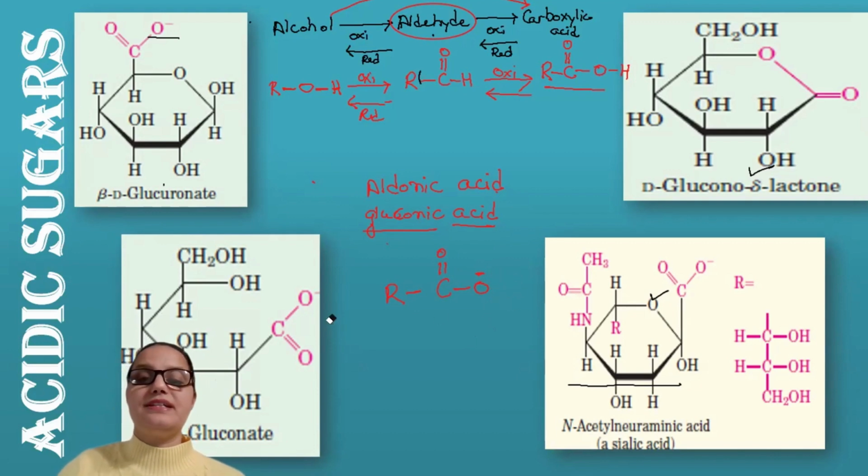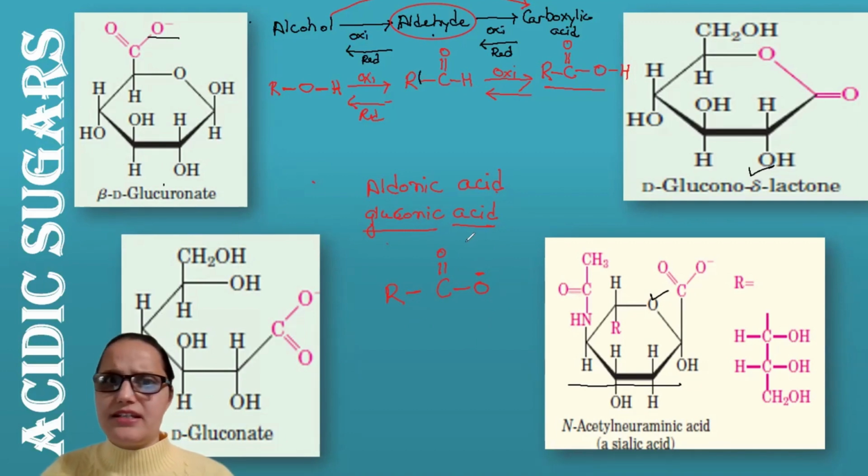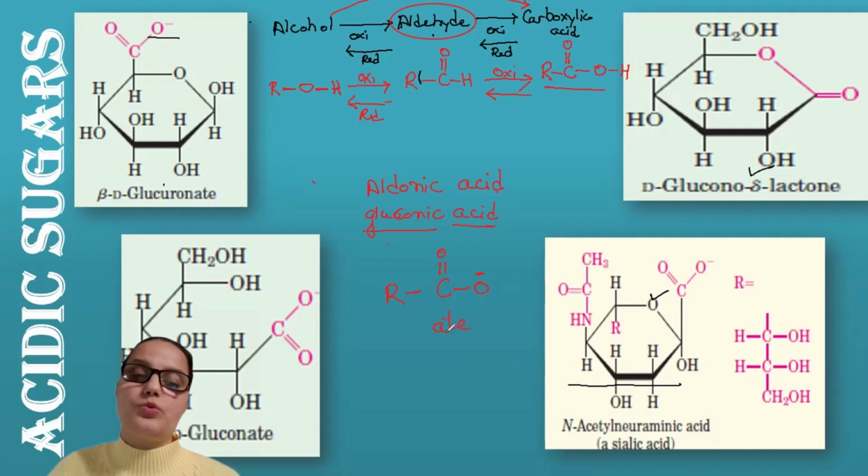Although the nature is acidic only, the name ends with this word ate. So gluconic acid can be called gluconate, and it is a reversible process. Once the pH goes down, it can become gluconic acid again, right? It just needs an excess of hydrogen. So gluconic acid is similar to gluconate. Over here the name gluconate is written, but actually it is gluconic acid.